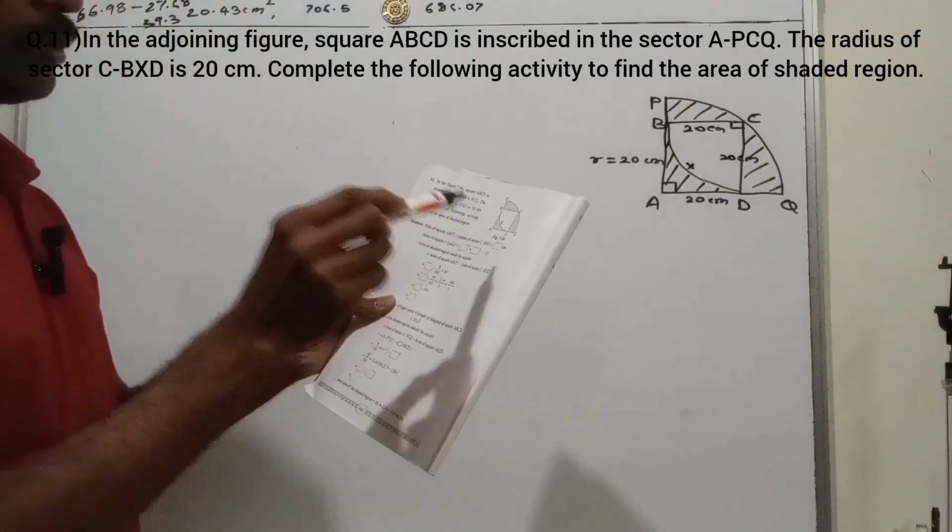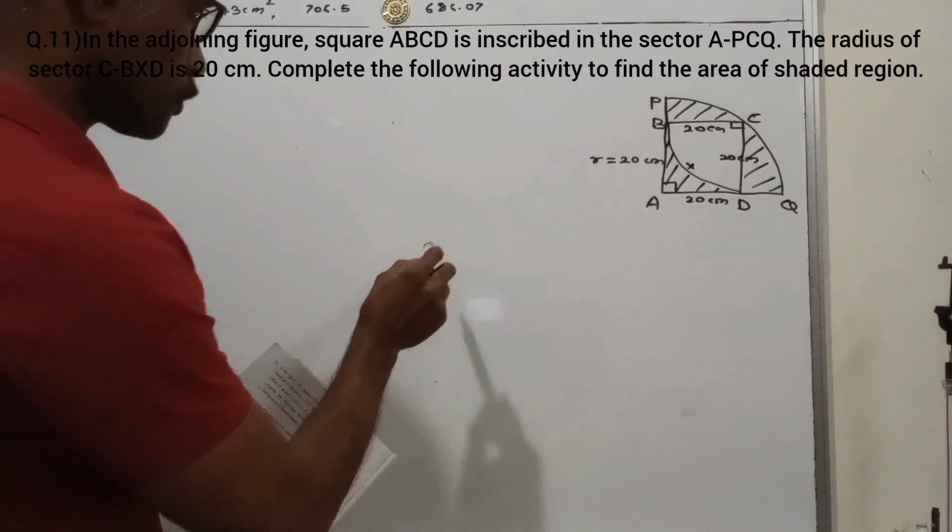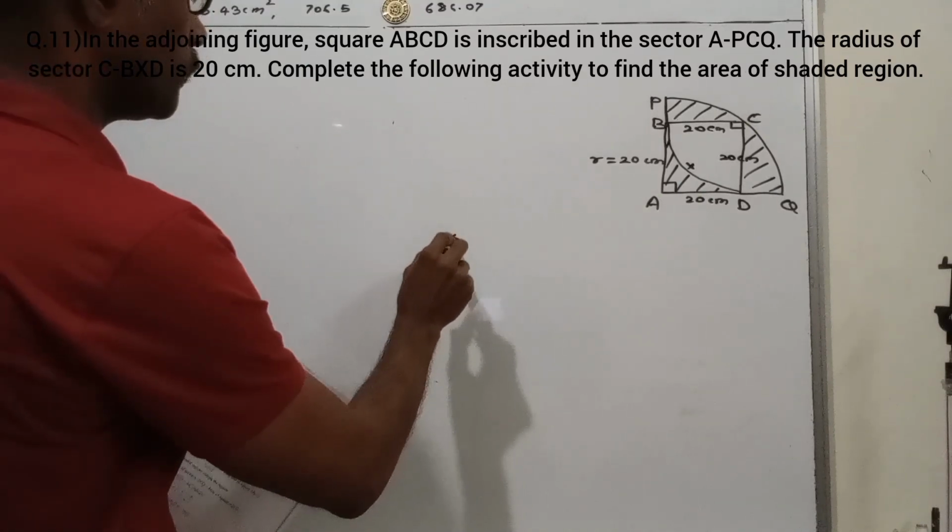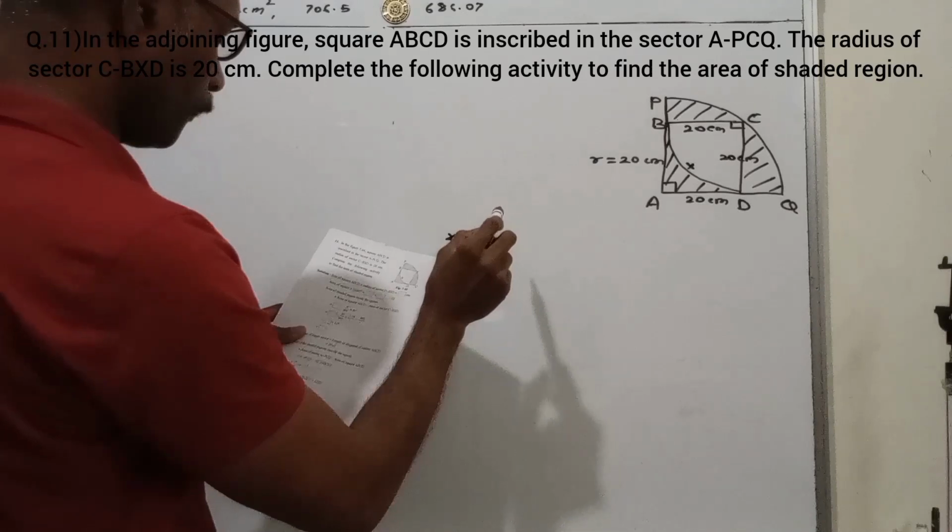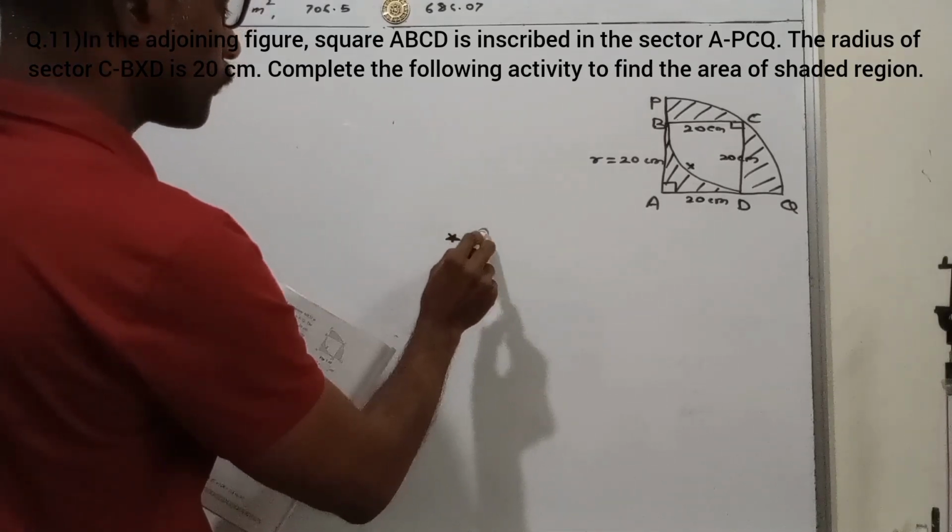Now we have given here the solution. See this solution. We start here. What is the side of square ABCD?